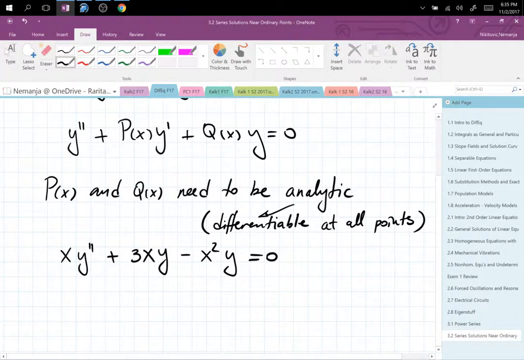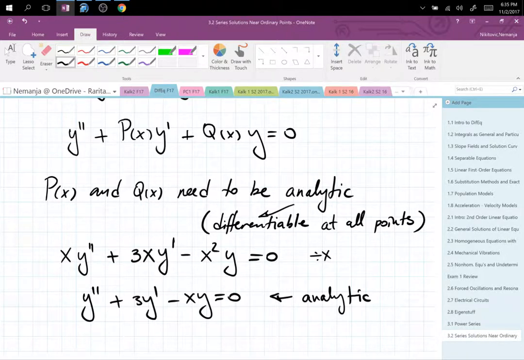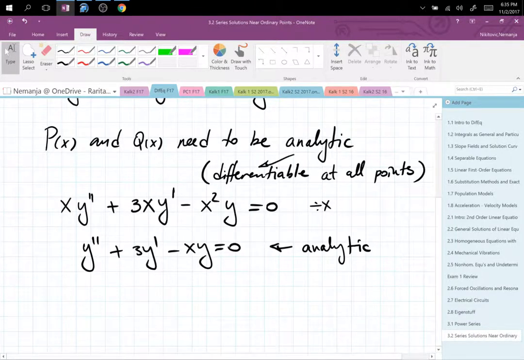As you divide by x everywhere, you get y double prime plus 3y prime minus xy equal to 0. So this is analytic, meaning differentiable. If you look at the function, 3 is a constant, you can differentiate that, and x is a value, you can differentiate that.